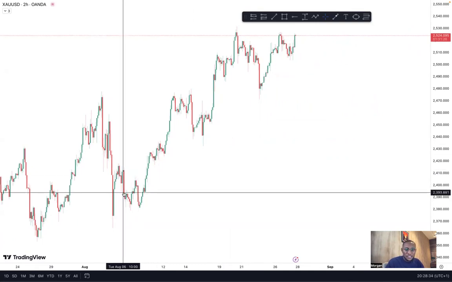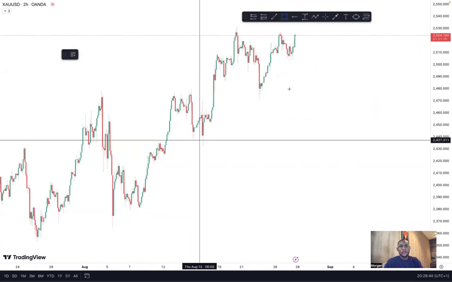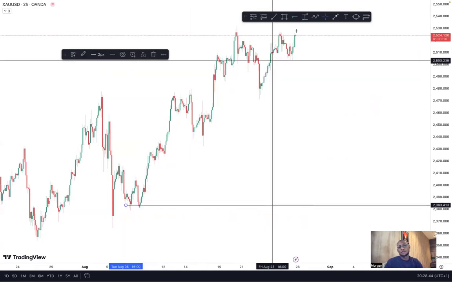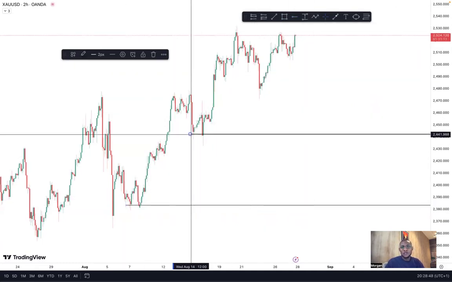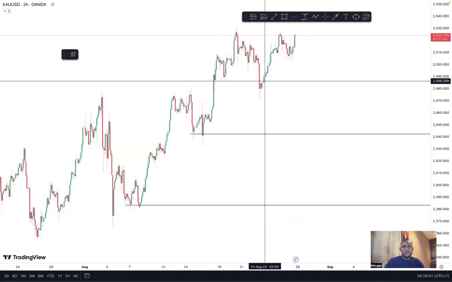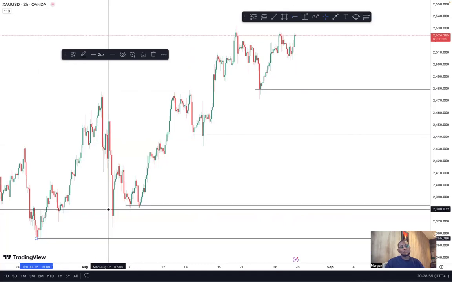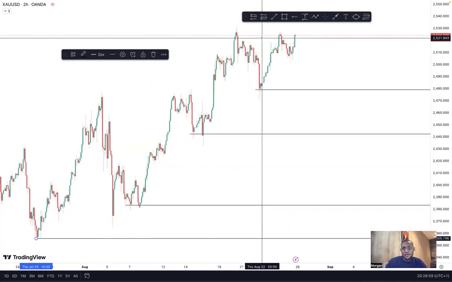You can see that price is trending to the upside, because what you see here is simply price respecting these levels, respecting these lows and creating new highs, showing you that it is in an uptrend.